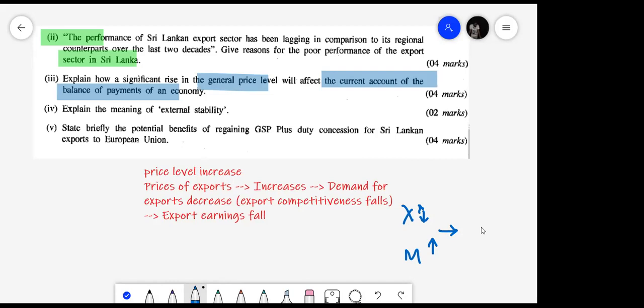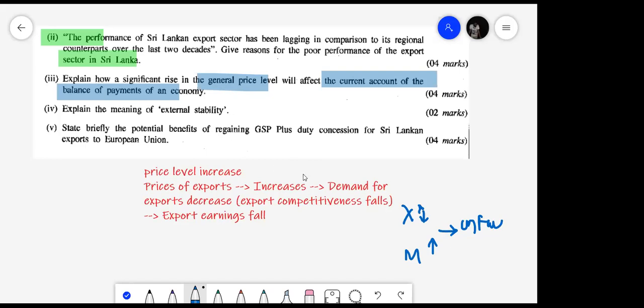If there is a surplus, the surplus will reduce. So you can say there is an unfavorable effect on the current account. For a country like Sri Lanka, which already has a trade deficit, an increase in general price level will worsen the trade deficit, right?